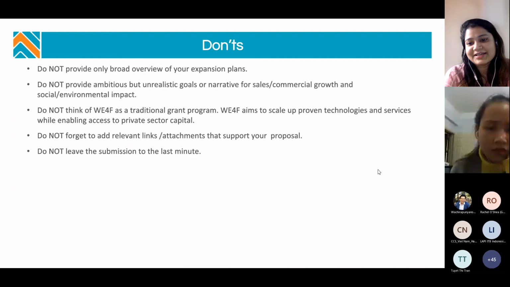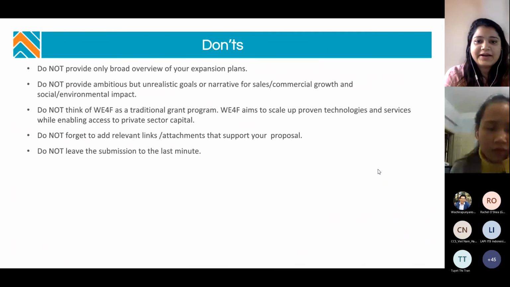So you'd want it to be as realistic as possible. And the goal of this program is to scale up proven technologies and services. So try to think in your full application how you'd use this grant, and the support that is available through the program in addition to the grant, to scale up the service or the product that you are providing.